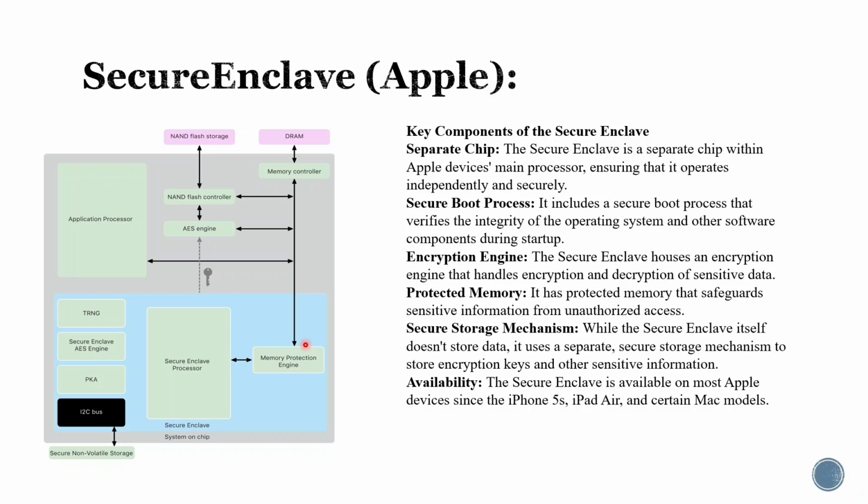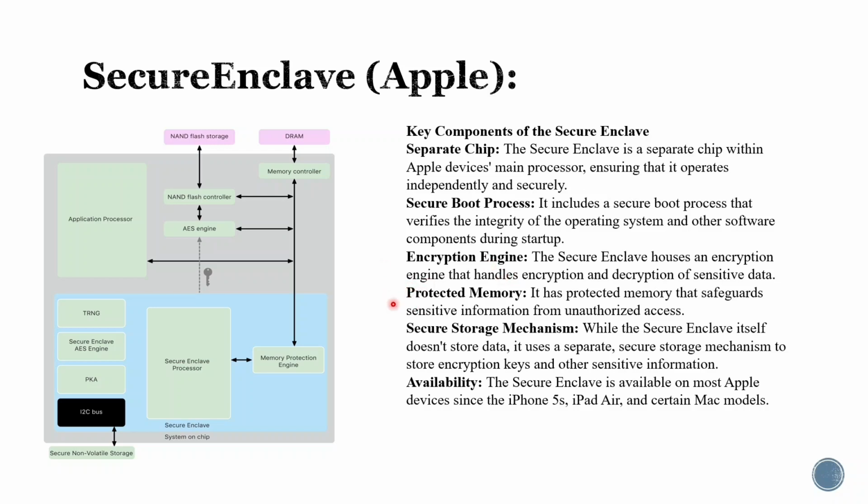Now going through its features, it's a separate chip. Like I told you, it provides a secure boot process, meaning that it has a separate boot process and program, and before booting up the processor, it checks the integrity of the bootstrap program. It has a separate encryption engine that performs encryption-based task handling.